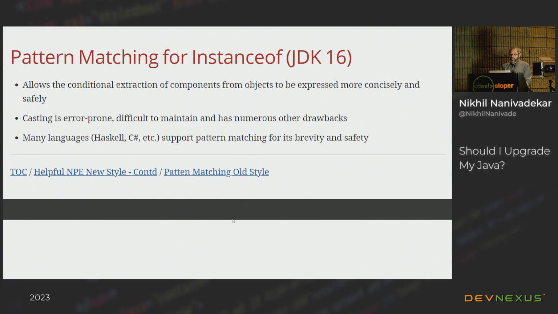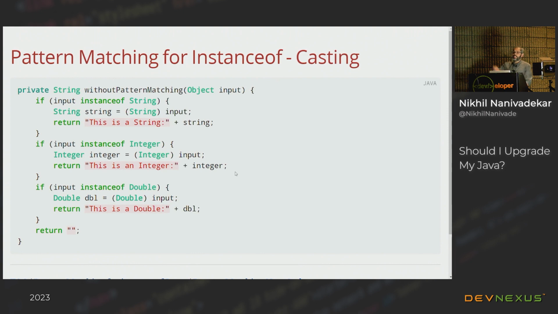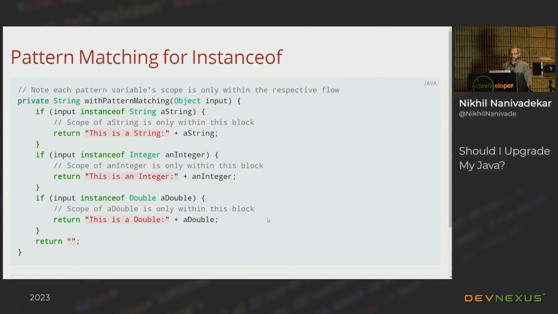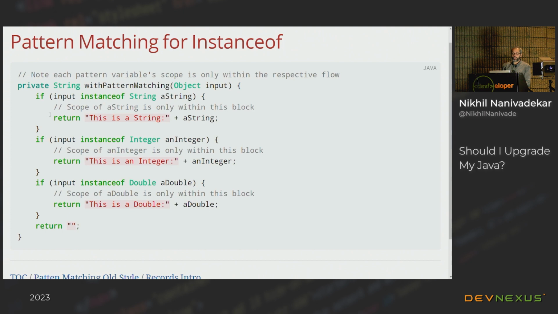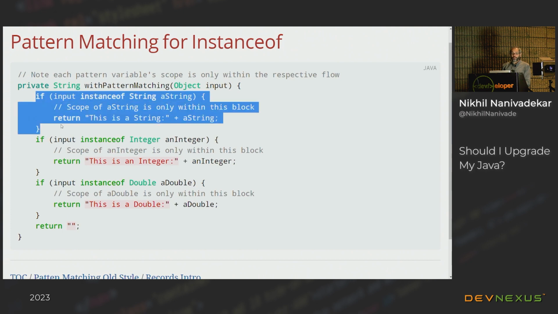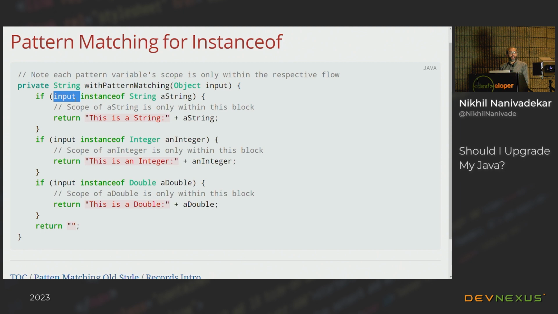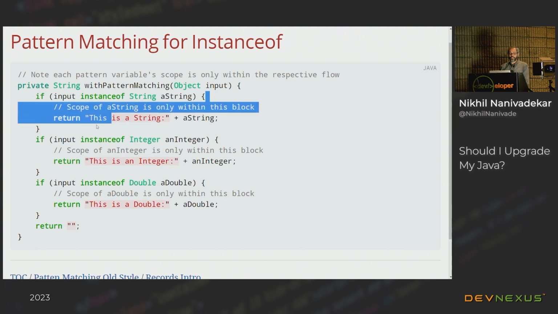If we look at the old style of code, I have a bunch of if statements where, in case my input is an instance of a string, then do something. If it's an instance of an integer, do something, and so on. Now with the new way of pattern matching, you can just write this: if the input is an instance of a string, I can put it in the aString variable. And Java lets you scope that aString variable to only this block.